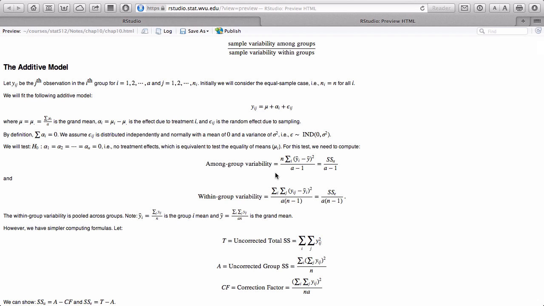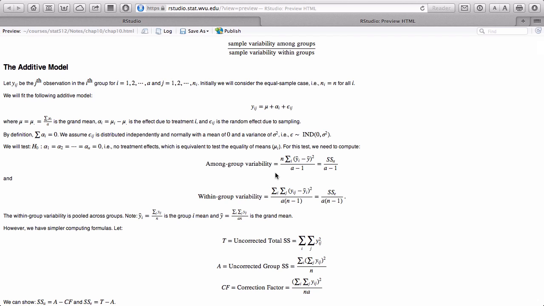The singularity is reflected in the model matrix, which I showed you briefly last time, and I'll come back to that. Because corresponding to every parameter, there's a column in the model matrix. So if you would just use mu plus alpha sub i, you would have 5 columns in the matrix, and the last 4 columns would add up to the first, and that's why you have a singularity.